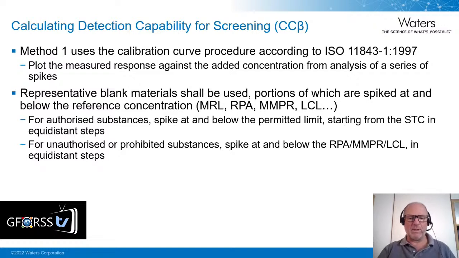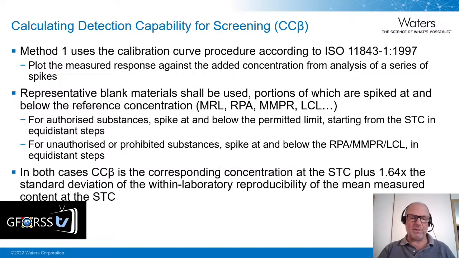And for banned substances, we spike at or below the RPA, again in equidistant steps. In both cases, the CC-beta will be the corresponding concentration at the spiking level plus 1.64 times the standard deviation of the within-laboratory reproducibility of the mean measured content at the STC. If we use this approach, then the CC-beta is greater than the STC value.